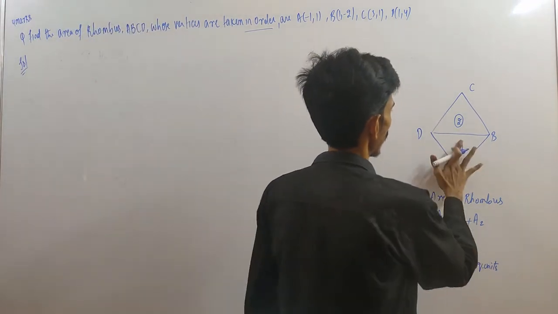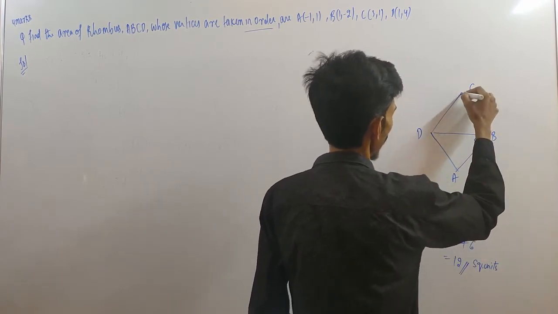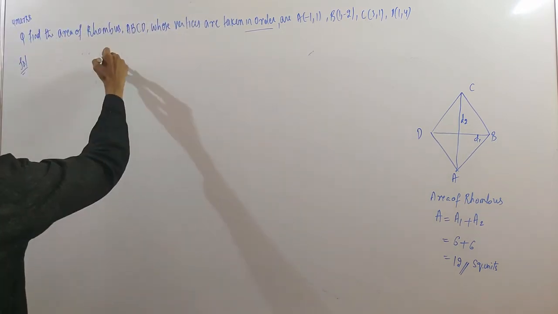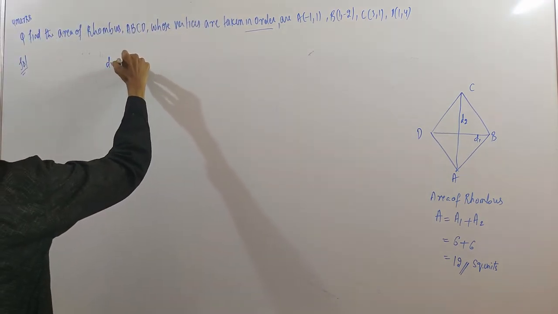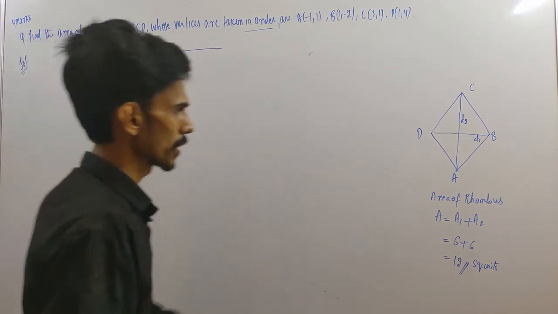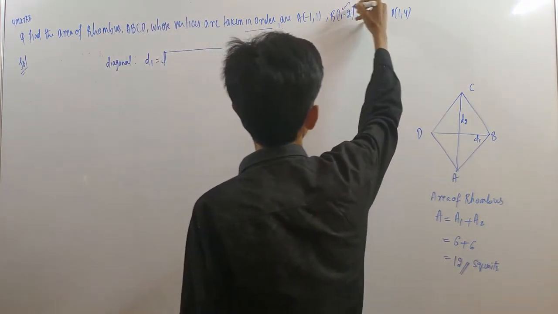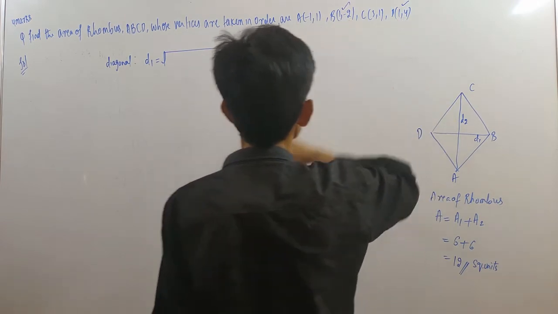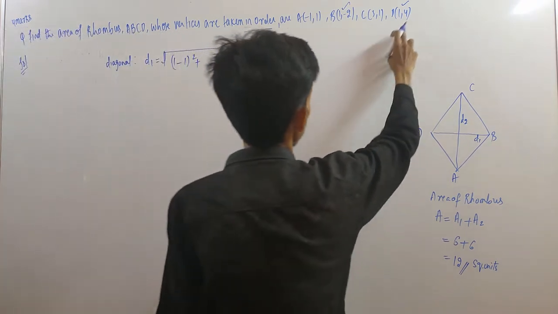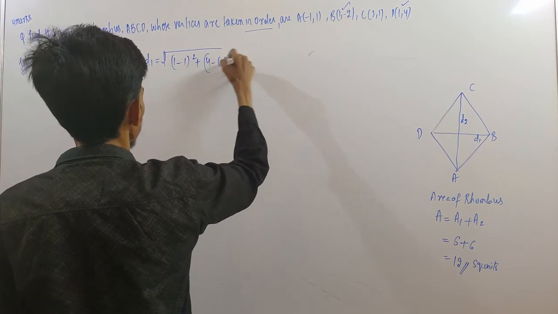Here we have the rhombus. This is diagonal 1 and this is diagonal 2. Get diagonal 1. D1 is equal to root over the distance between B and D. Here we have B and D. Take the distance: (1 minus 1) square plus (4 minus of minus 2) square.